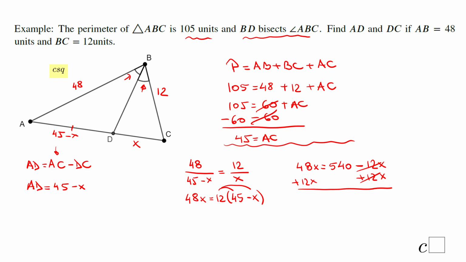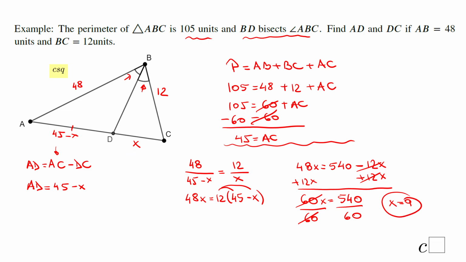So we end up here with 48 plus 12, that will be 60, x equals 540. A last step to solve for x is to divide by 60. And we end up with x equals 9. I think that's what we are asked to find.